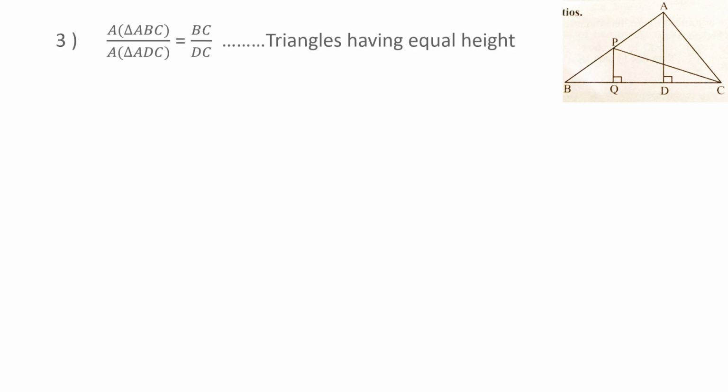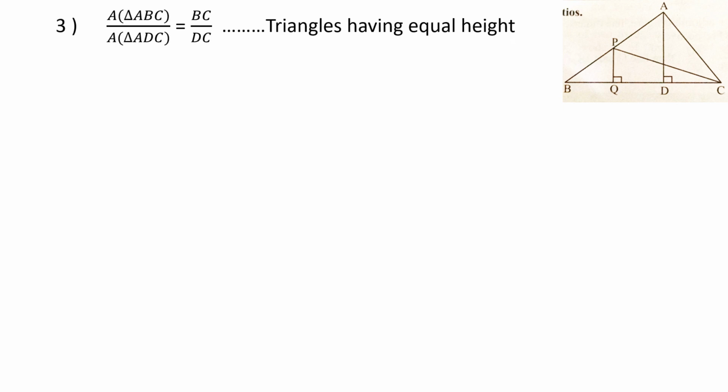Third ratio, area of triangle ABC upon area of triangle ADC. In the diagram, ABC and ADC, both the triangles are having equal height, which is AD. So triangles having equal height, the ratio is equal to their corresponding bases. So for triangle ABC, BC is the base, and for triangle ADC, DC is the base. Therefore answer is BC upon DC.